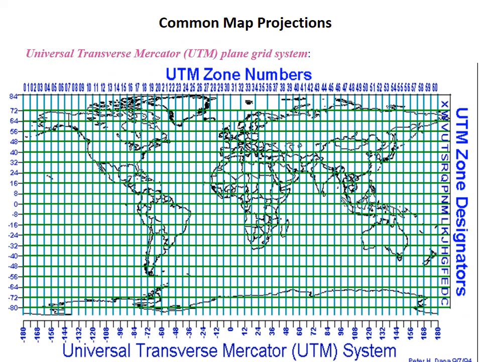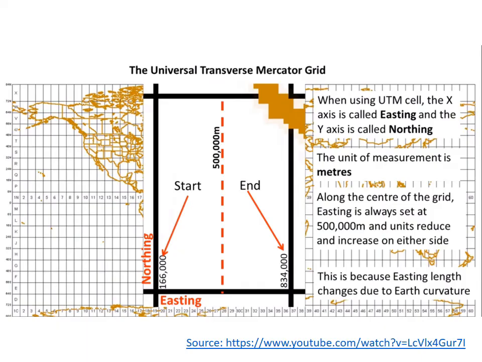So we have divided that into 60 zones, from 80 degrees south to 84 degrees north, and the equator is somewhere here. Okay, the entire zones are divided into 6 degree grids. So for example, this is the zoomed part of one of the grids.